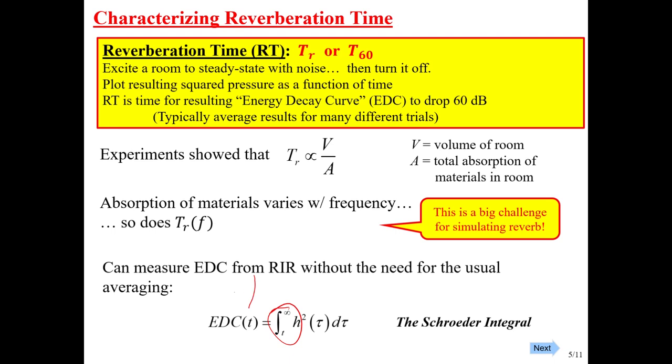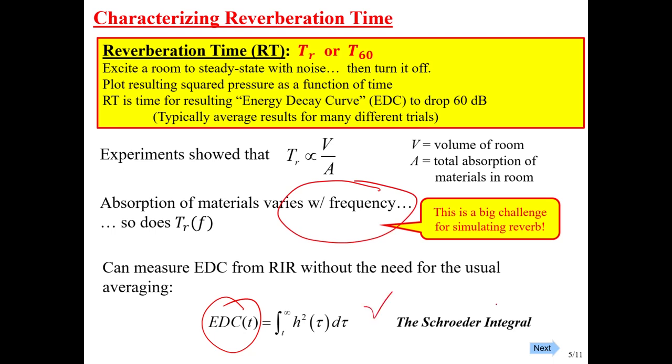So as t changes here, so as t grows longer, the integral here grows shorter. So we can see that at t equal to 0, we're getting the entire area underneath this squared curve. As t gets bigger, we get less and less area, so this thing is going to decay down. So that's just a more convenient way to measure the EDC. It doesn't help us address this yet.